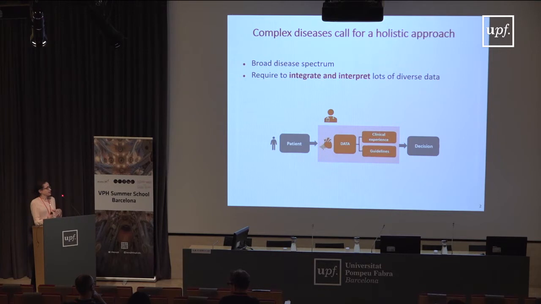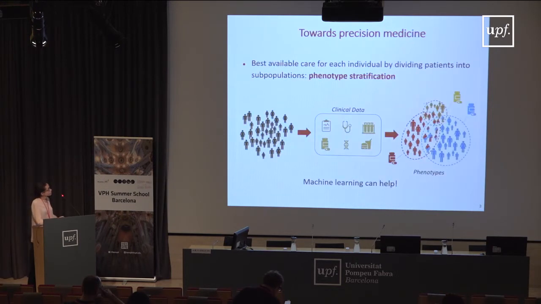All this generates lots of diverse data that is very challenging to understand and interpret. And even more when we have a lot of patients, and we need to put in comparison one with another. And this is something that in precision medicine we need.